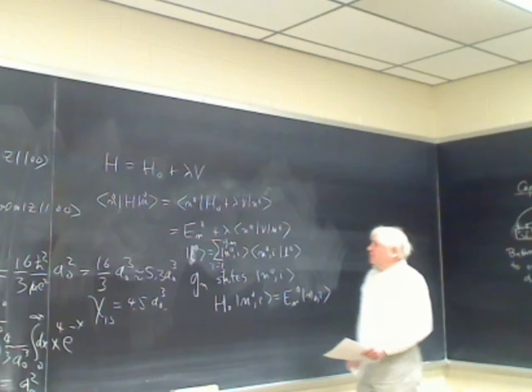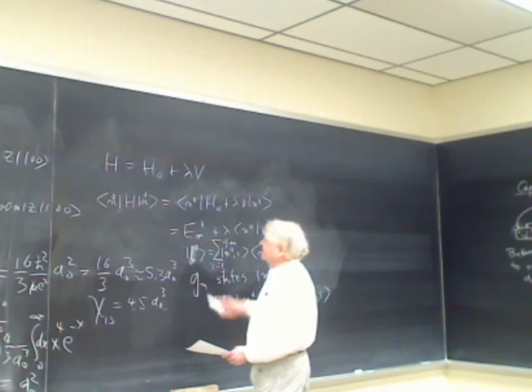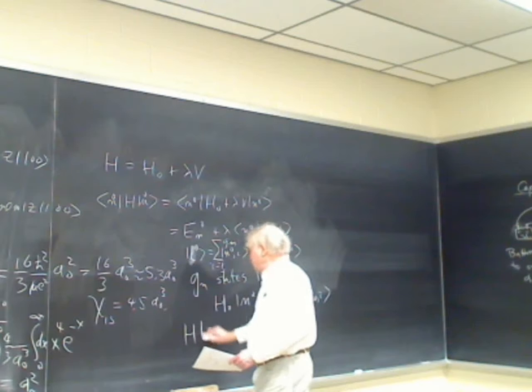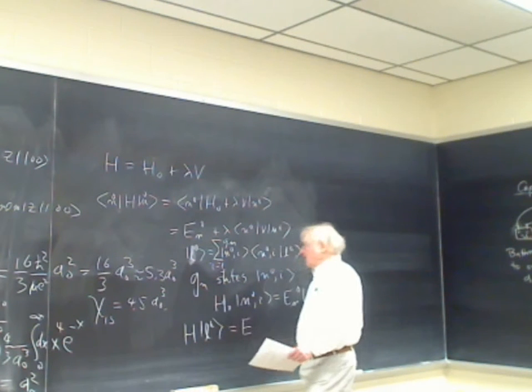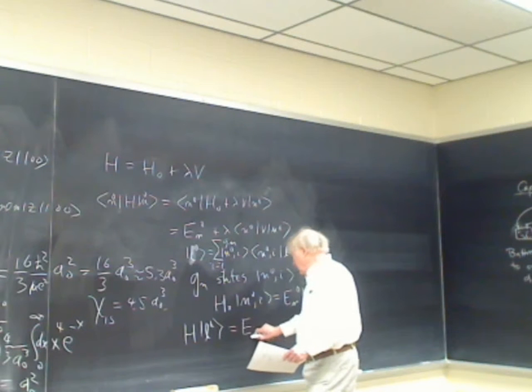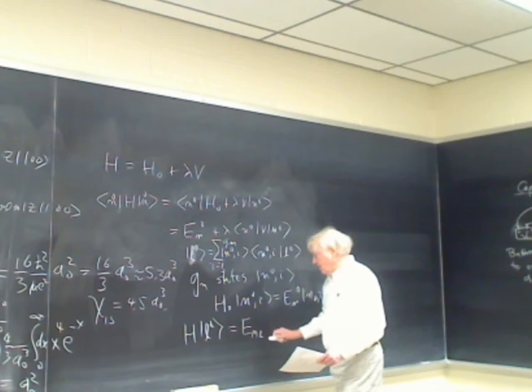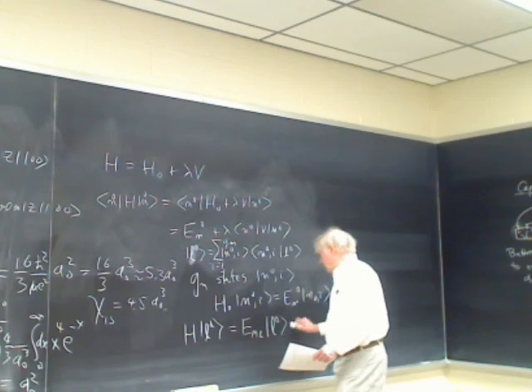And so then we just write the eigenvalue equation, H on l0 is going to be E_nl times l0.